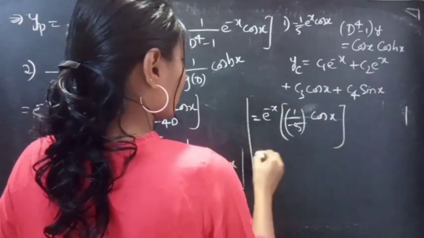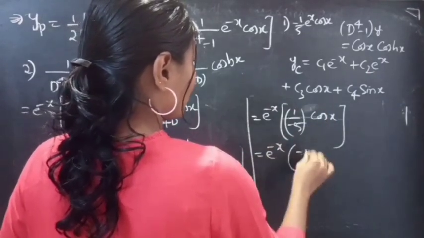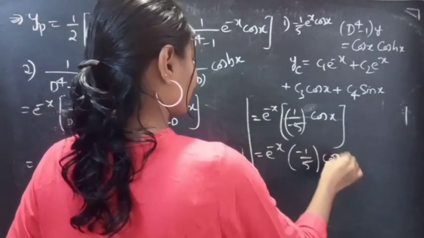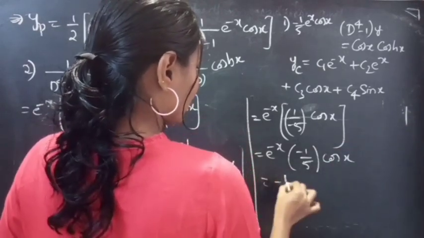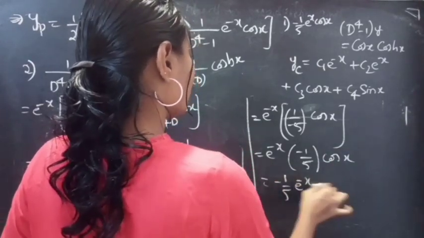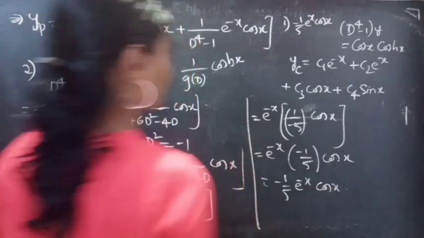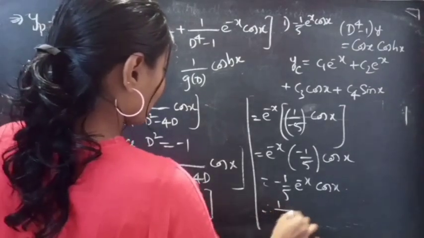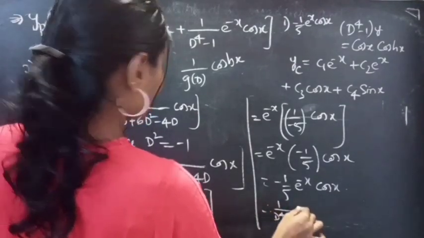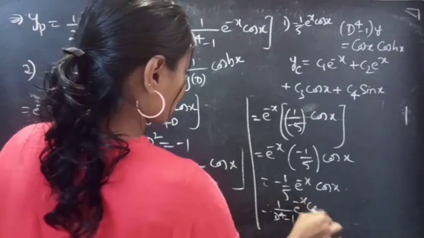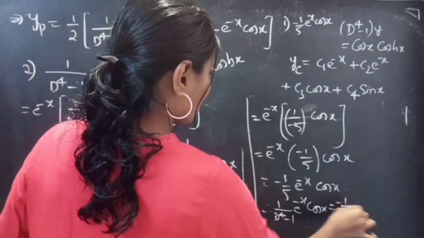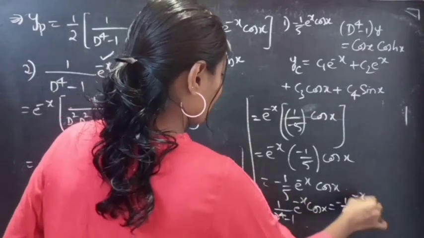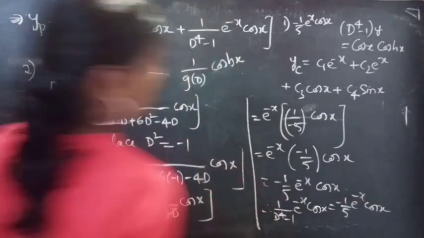We can write 1 by minus 5 as minus 1 by 5, and this becomes minus 1 by 5 into e power minus x into cos x. So, therefore, 1 by d power 4 minus 1 into e power minus x cos x equals minus 1 by 5 e power minus x cos x.